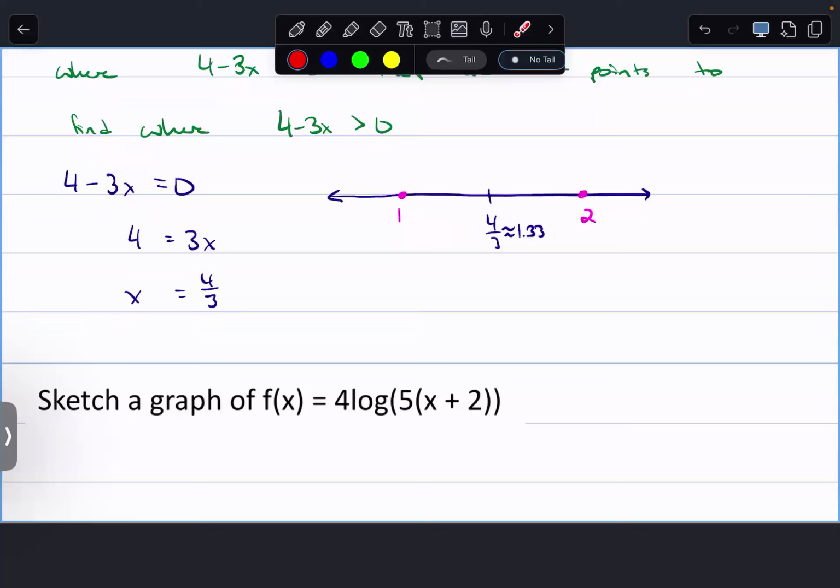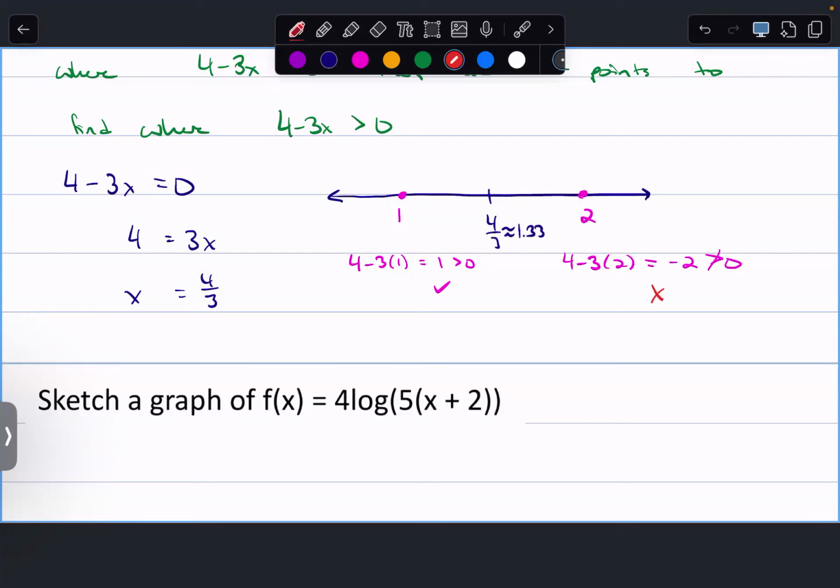No restrictions. So now if I plug in the test point, I have 4 minus 3 times 1, which is 4 minus 3, which is 1, which is greater than 0. But if I do 4 minus 3 times 2, I get 4 minus 6, which is negative 2, which is not greater than 0.